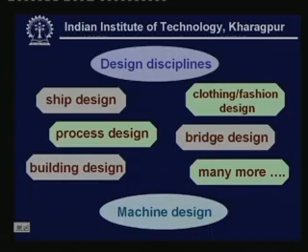Now, you have seen so many disciplines of design. Every field shown in the slide is based upon certain knowledge acquired by the people in that particular discipline, and they have taken decisions from their knowledge of their discipline and are designing the required products in their specialization.